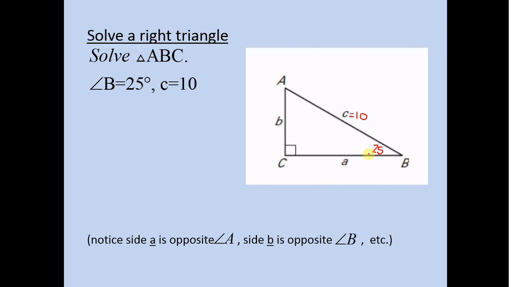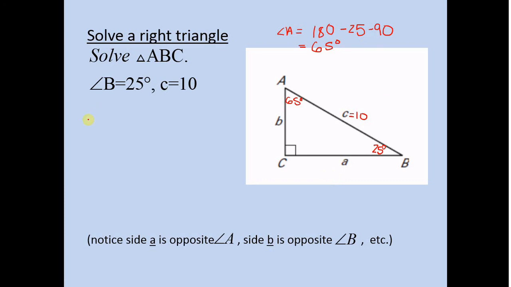So if I do 180 minus 115, I'll get A. So I'm going to do angle A equals 180 minus 25 minus 90, aka 65 degrees. So I get angle A is 65 degrees. I found all my angles. That's half the battle. Now, let's find side A and side B.